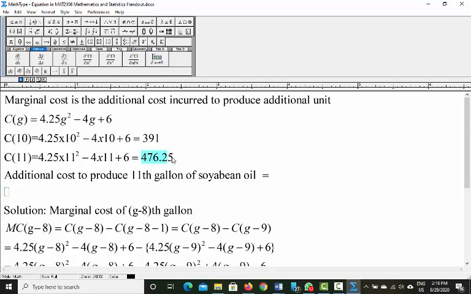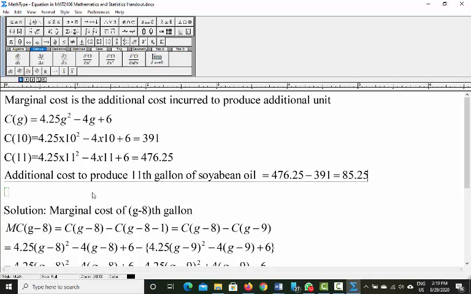It is 476.25 minus 391. If you produce 10 gallons of soybean oil, the cost is 391. But if you want to produce 1 more gallon, it will cost you this additional amount. So 476.25 minus 391 is equal to 85.25. So this is the marginal cost of the 11th gallon.